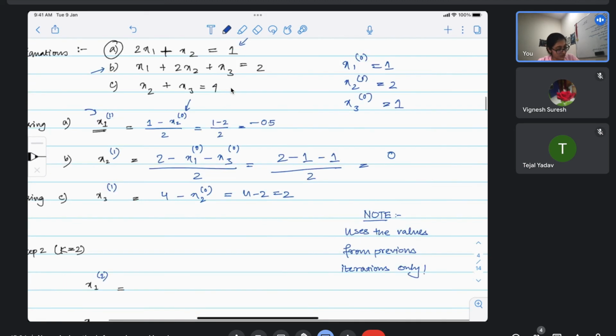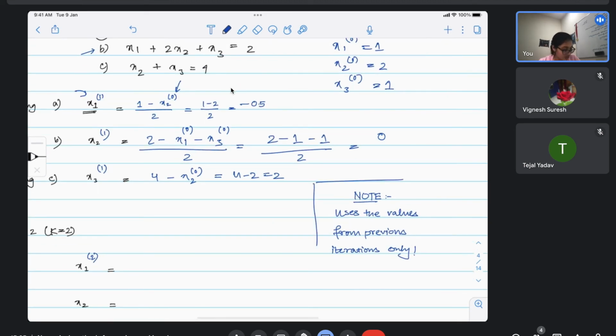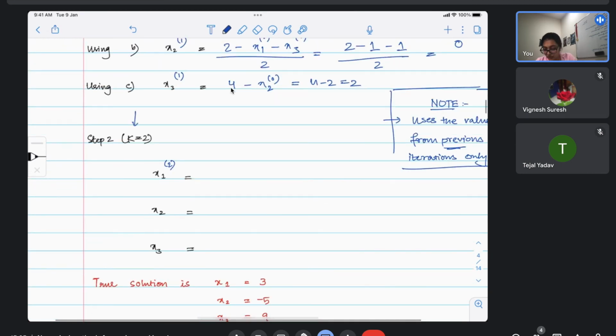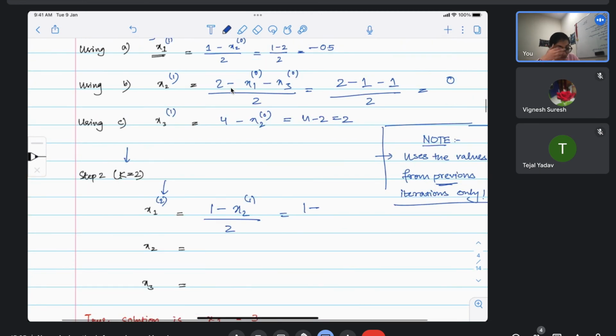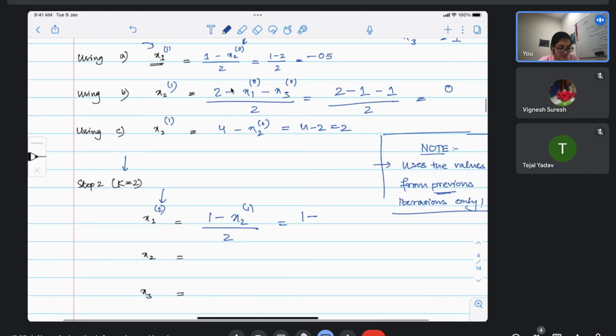Now, this is one of the points we are supposed to note in the case of Jacobi iterations: we always use the values from the previous iteration. So, if we quickly solve, you will find x1 of the second iteration is going to be 1 minus x2 of the first iteration divided by 2, which is 1 minus, can anyone tell me what is x2 of the first iteration? 0.